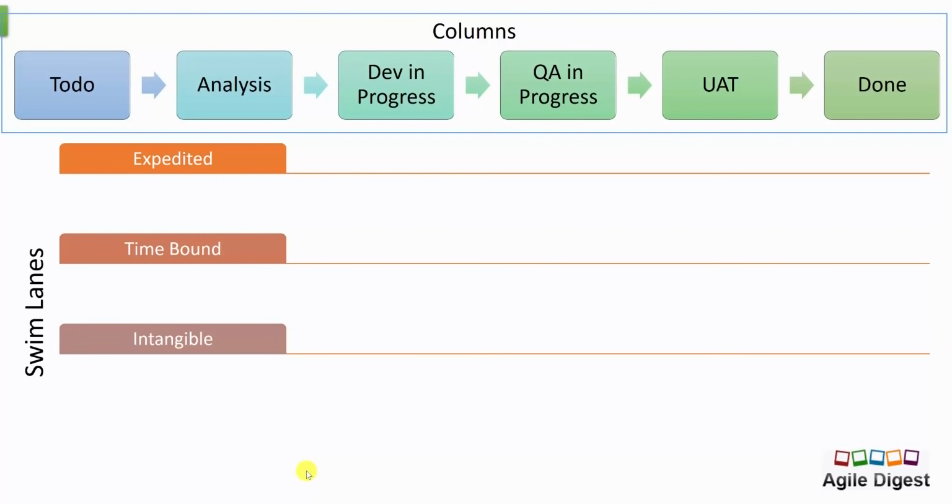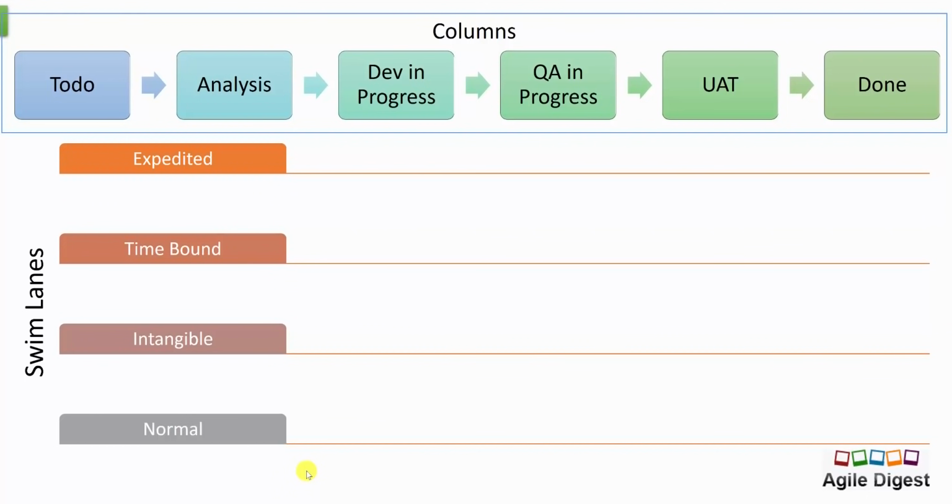Now if we want any intangible stories, those are not real-time value additions or just-in-time value addition stories, but maybe some kind of server migration or technical changes that you make for a future benefit, we may use all those stories under intangible, and you can have a normal bound of this.